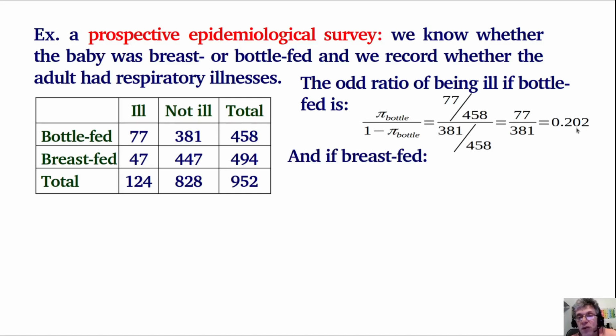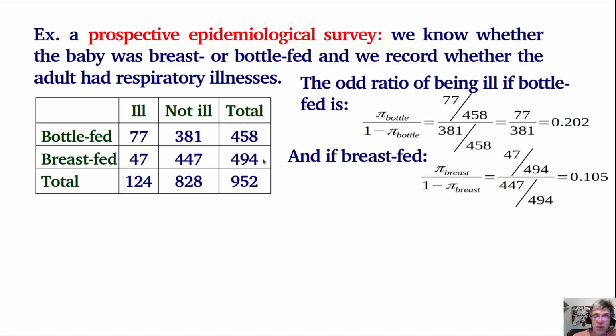And if a person was breastfed, we are now in the second row of the table, and we simply obtain the probability of being ill if breastfed, which is 47 divided by 494, and the complement is 447 divided by 494. This second odds is 0.1.